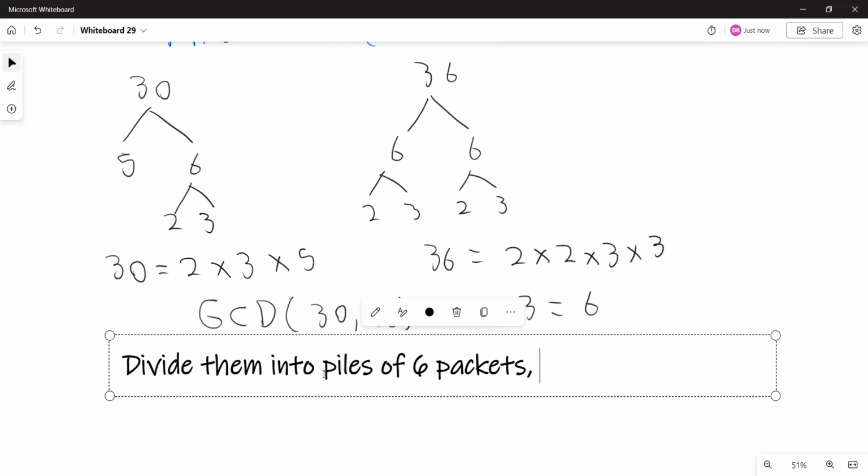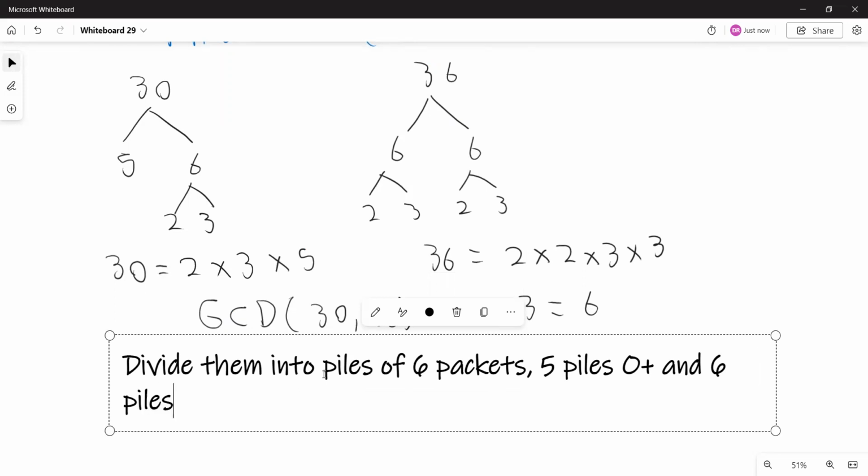That is 5 piles of O positive and 6 piles of AB negative.